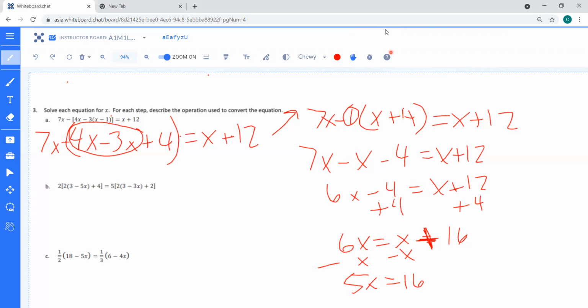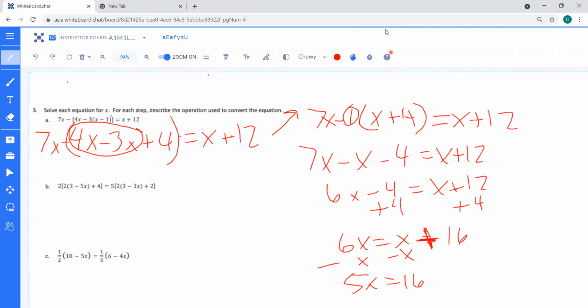Or have I messed up? I messed up in the very beginning, didn't I?